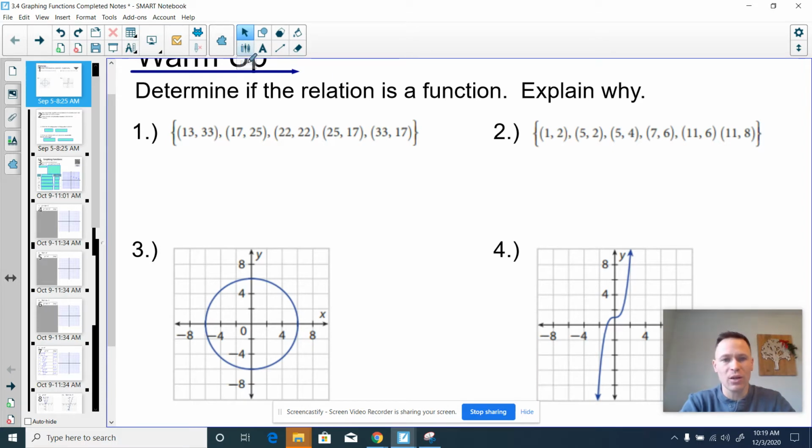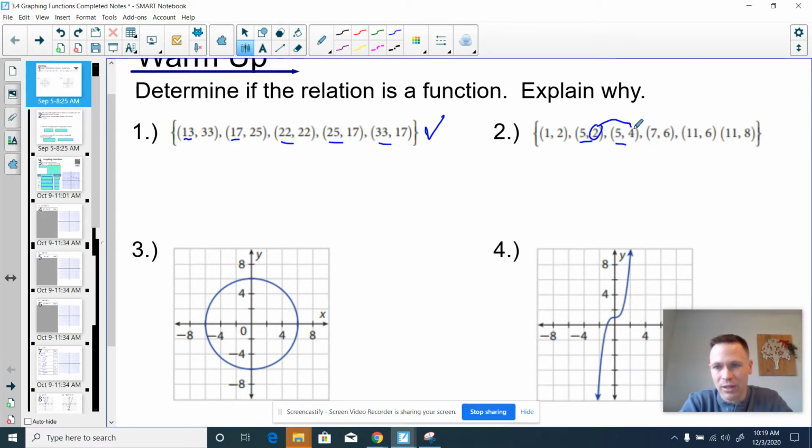So when I look at a set of coordinate points, if I want to find a function, right, then I look at all the x values. And in this one, there are no repeating x values. This is going to be a function. This one works out. If I look at this one, I have repeating x values here and here, and those repeating x values have different y's, which means if I were to graph those, just imagine, right?